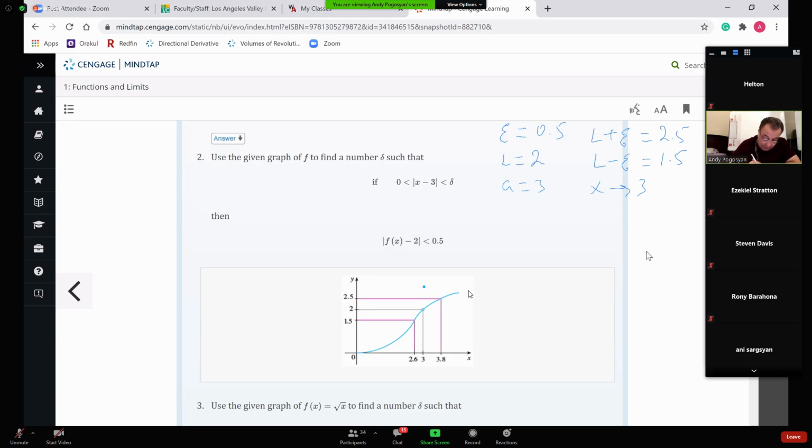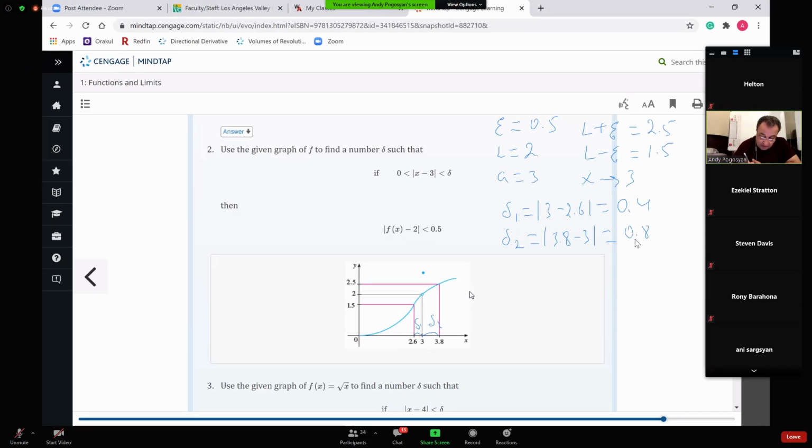Now you have two deltas. This is delta 1, you have delta 2. Delta 1 equals the absolute value of 3 minus 2.6, which is 0.4. Delta 2 equals 3.8 minus 3, which is 0.8.